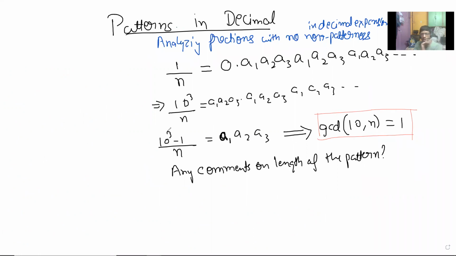See, if the pattern length was L, let's say 12, then n should have divided 10 to the power 12 minus 1. Is it right?